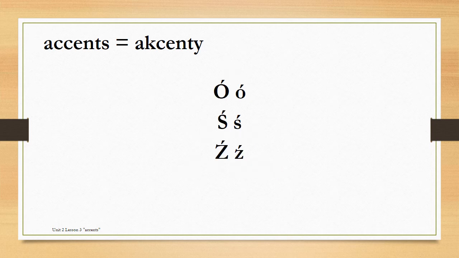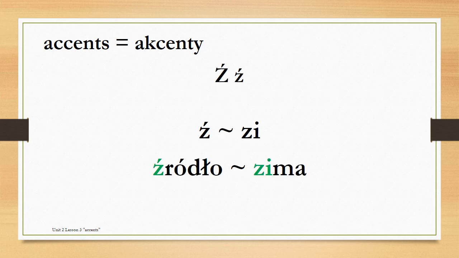Alright, now ź, the sound is ź, and in spelling this would be zet. So ź, the same rule, ź might be replaced by the combination of z and i.